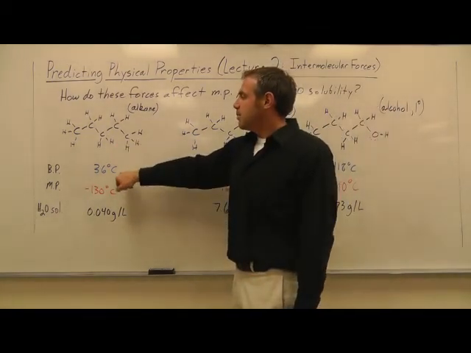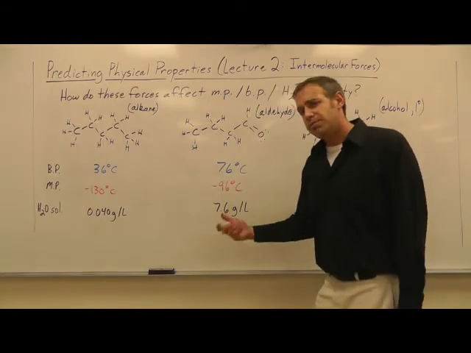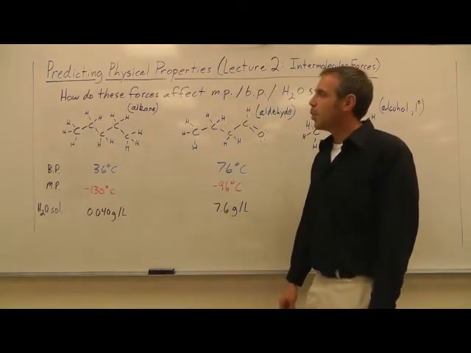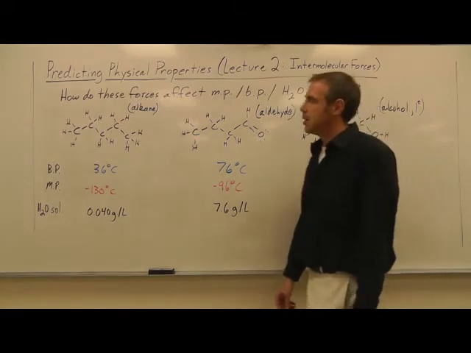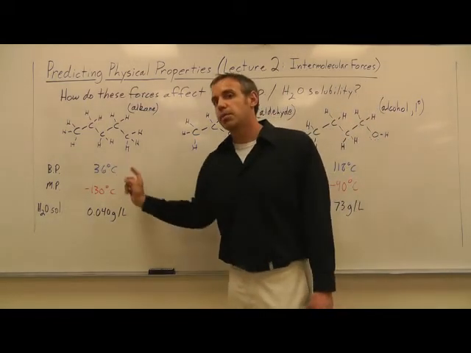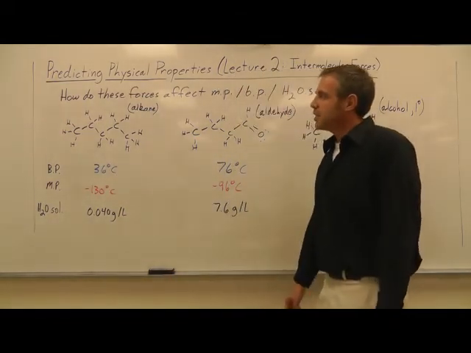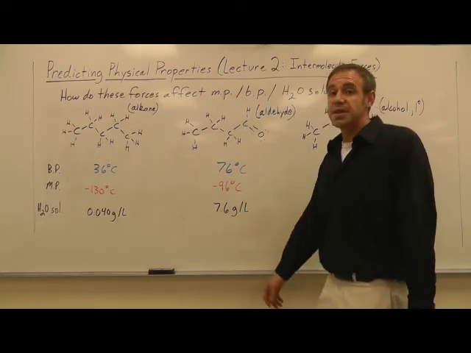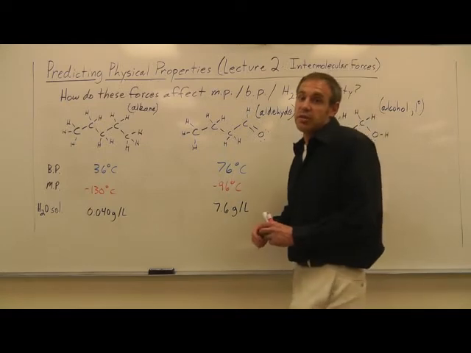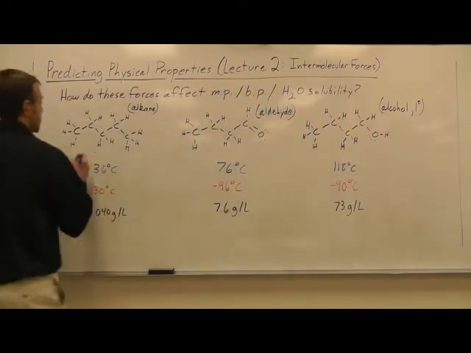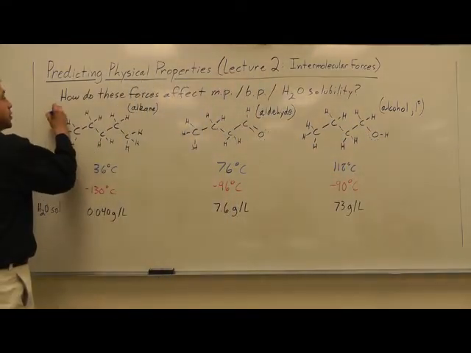And so it doesn't take much energy to boil pentane. What do we notice about the bonds in pentane? Well, they're all non-polar bonds. What types of forces does this molecule have? Well, it only has dispersion or van der Waals type forces because there's no polar bonds.